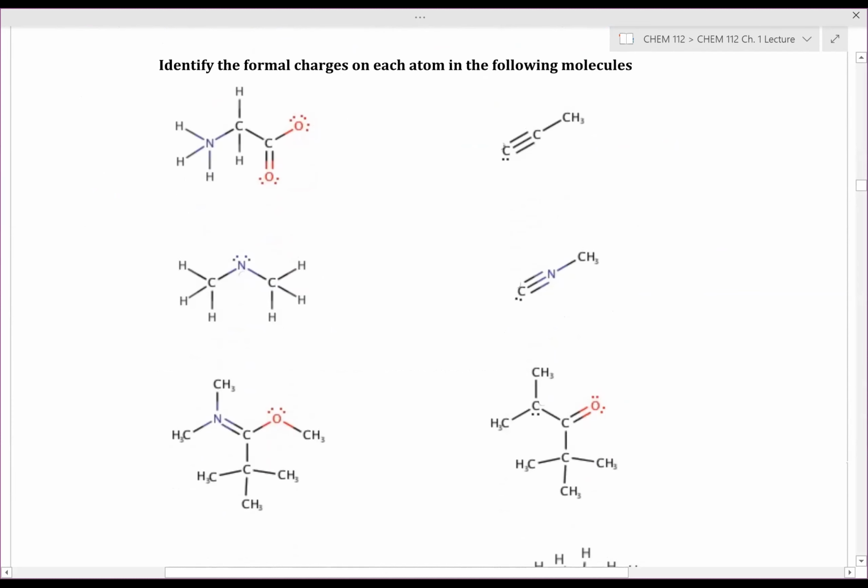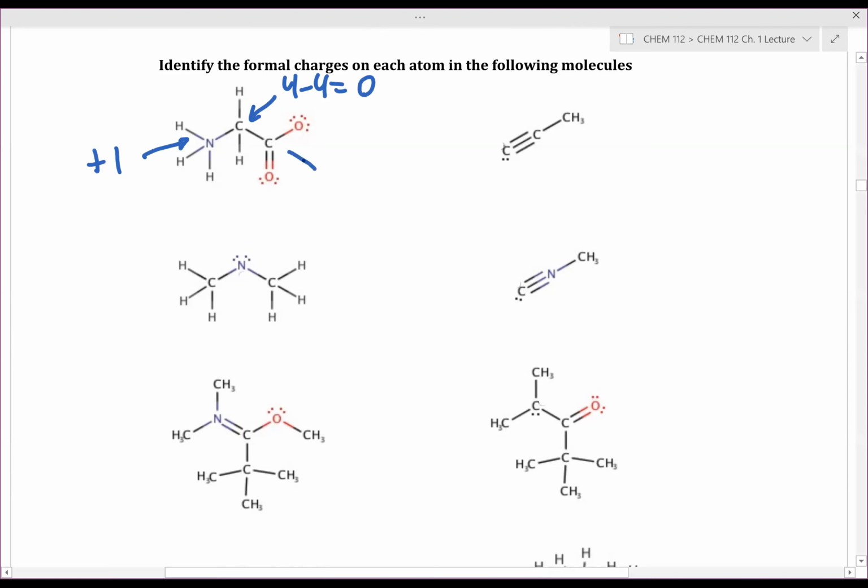I'll start us off with the first set. So, of course, a nitrogen with 4 bonds and 0 lone pairs will have a formal charge of +1. A carbon with 4 bonds and 0 lone pairs, 4 minus 4, gives us a formal charge of 0. This molecule, if you're taking biology classes, you may recognize as the fundamental backbone, the key structural motif found in an amino acid.